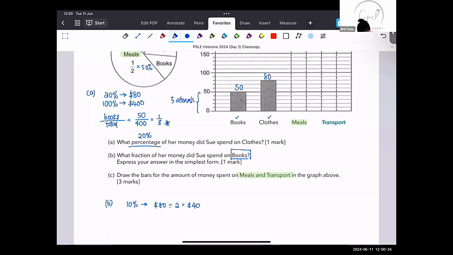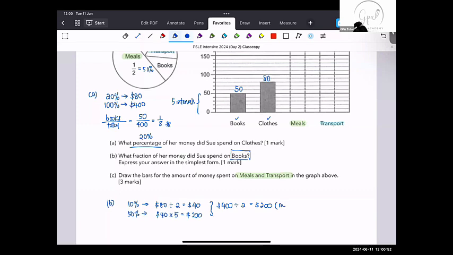So meals is 50%, that will be $40 times 5, which is 200. Or you can take $400 divide by 2, that will also give you half of it, which is $200. This will be your meals. So you have found one of it.